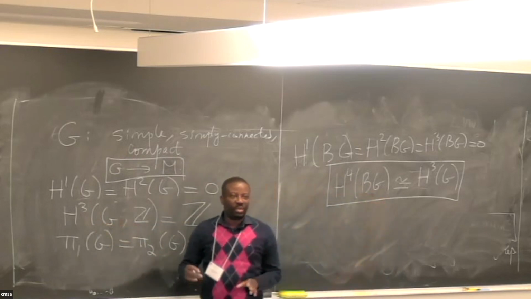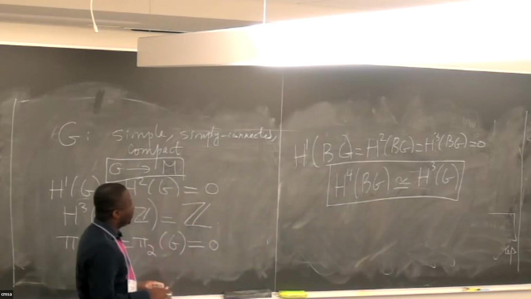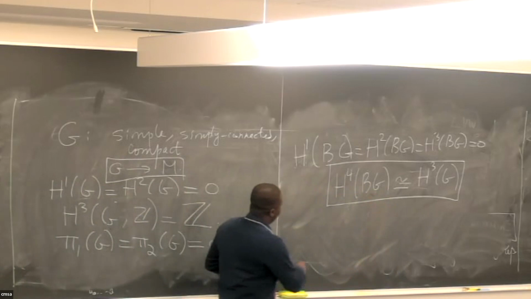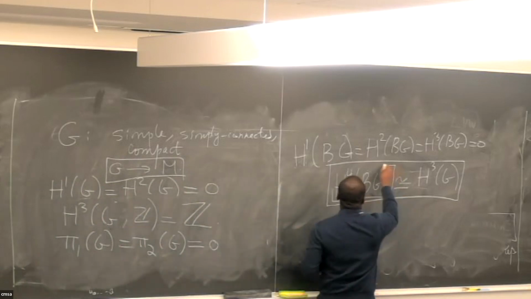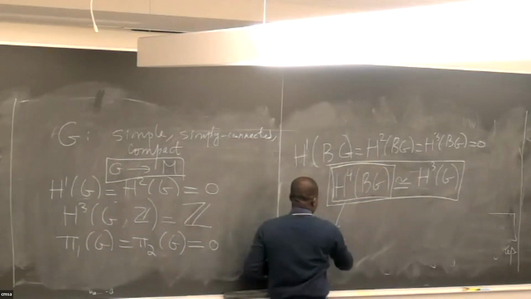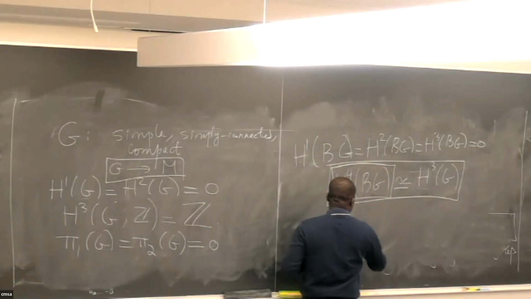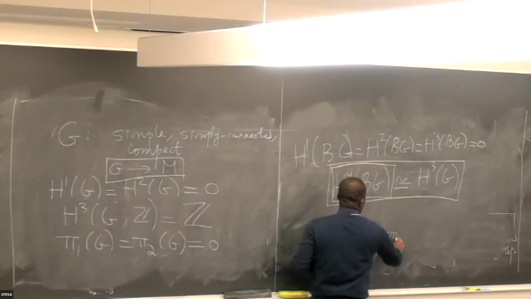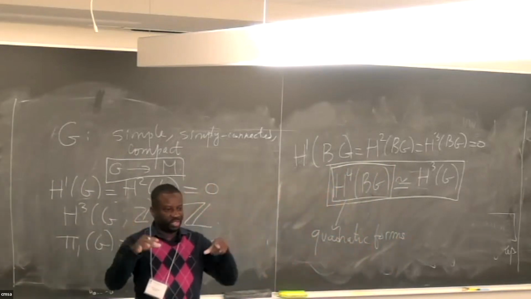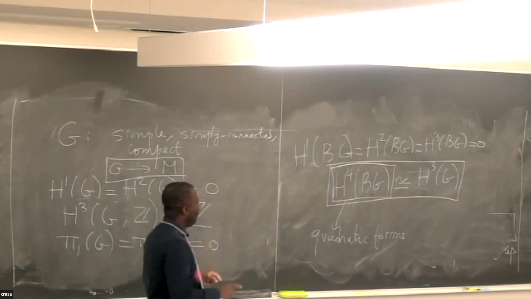So now the link with Lie algebra and gauge theory is the following. H4 of the classifying space is really a classification of invariant quadratic forms. This is what you will use, for example, to define the metric on your Lie algebra.